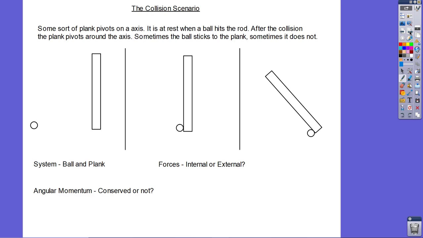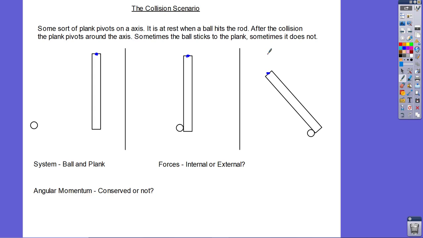Now the last part of this is the collision scenario, and this one you have to think through. So let's say that it pivots around an axis, so my drawings aren't great. Right now this plank is there. Let's say that's the pivot point. I should have had the pivot point up there, but you get the idea.